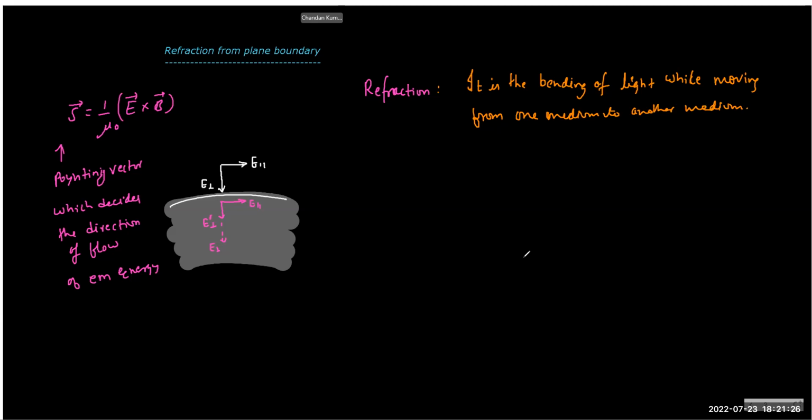So it's basically a bending phenomenon. And how it is accomplished is not our requirement to know in detail. But on a very basic level, you can understand it is the electric field interaction.